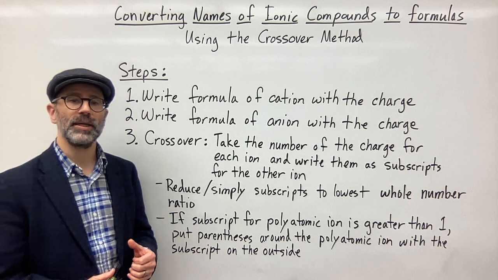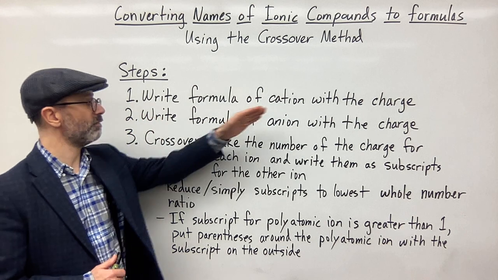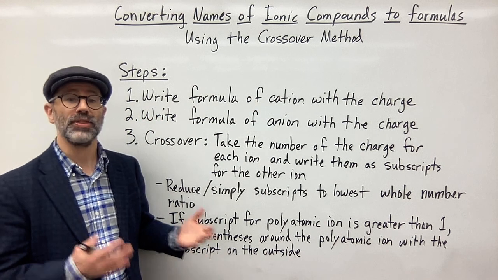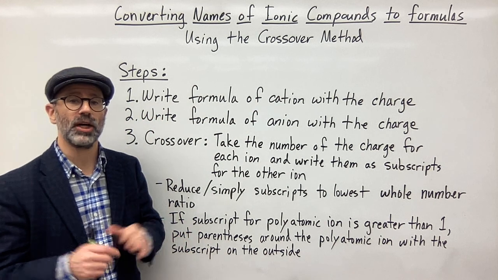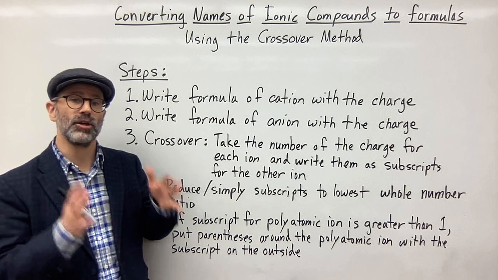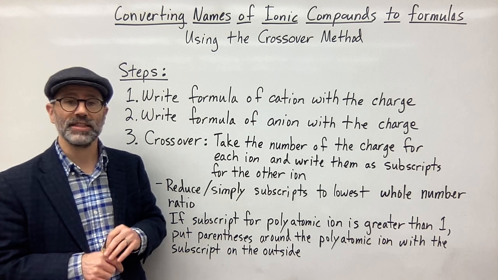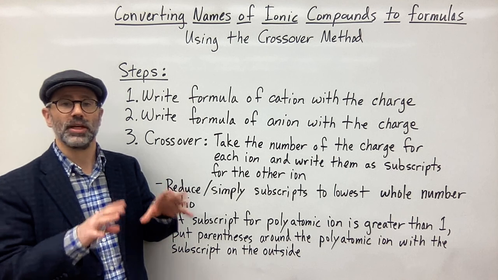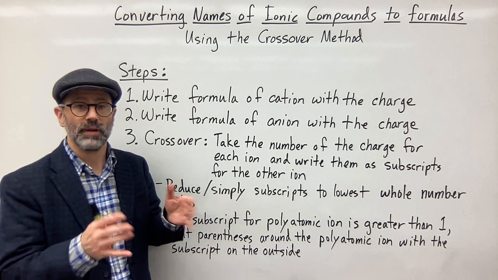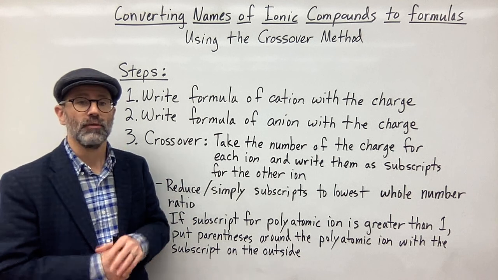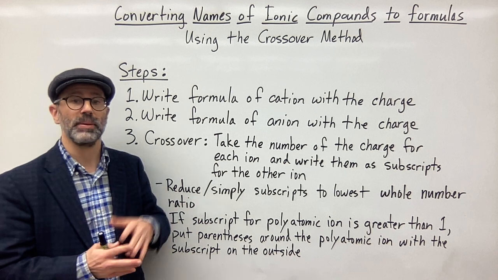So the first step is to write the formula of the cation with the charge. When you're given the name, you should always remember that the first element is going to be the cation. Or if it's a polyatomic ion, it's going to be the first couple of elements. For example, if it's ammonium, it's going to be NH4.